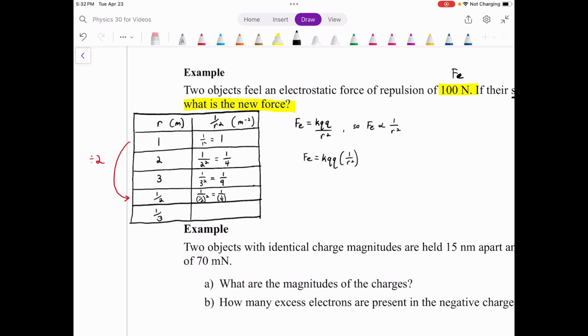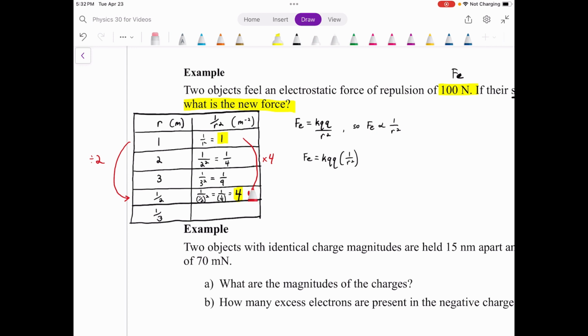And dividing by 1/4 is the same as multiplying by 4 over 1. Dividing by a fraction is the same as multiplying by its reciprocal. So we went from a 1 over r squared of 1 to a 1 over r squared of 4. So it got 4 times larger. Look at that. Making the distance 2 times smaller made the force 4 times larger.